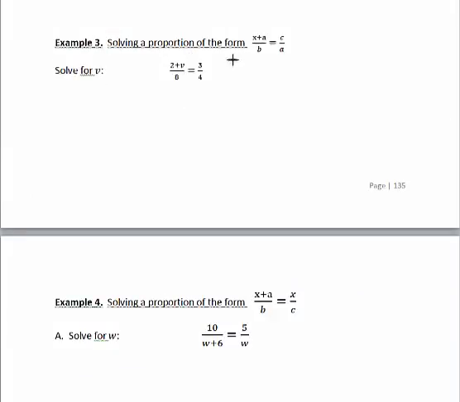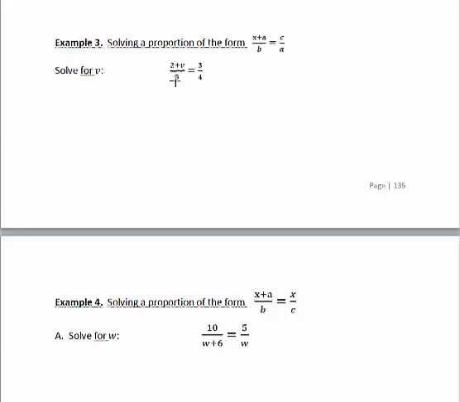Example 3, sort of a different form of a proportion. It's important to notice that, yeah, we do have two terms on the left, but they are both contained inside the numerator of a fraction. We have a large fraction bar on the left, and so 2v and 8 are all contained within the same fraction.